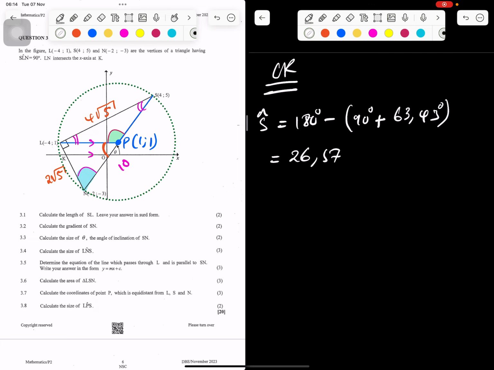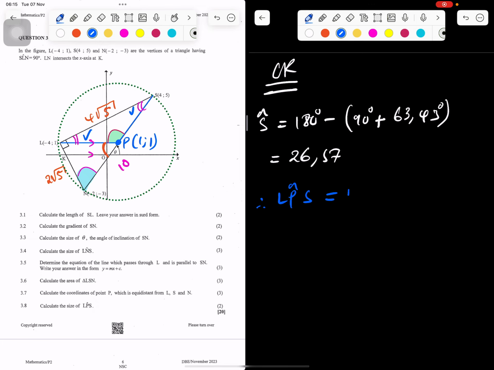we get 26,57. So now what you can do is S and this angle here, these angles are equal. So you can now find LPS using the sum of angles of a triangle in that small triangle as well.